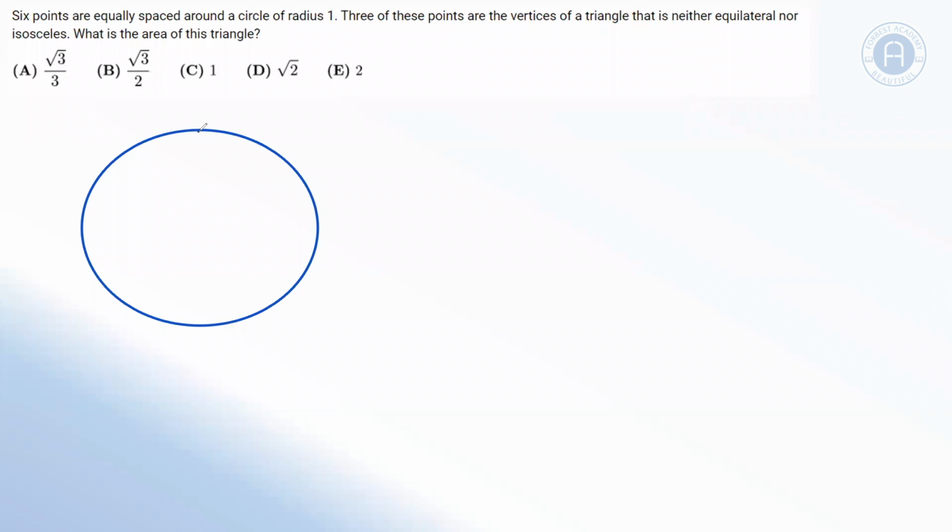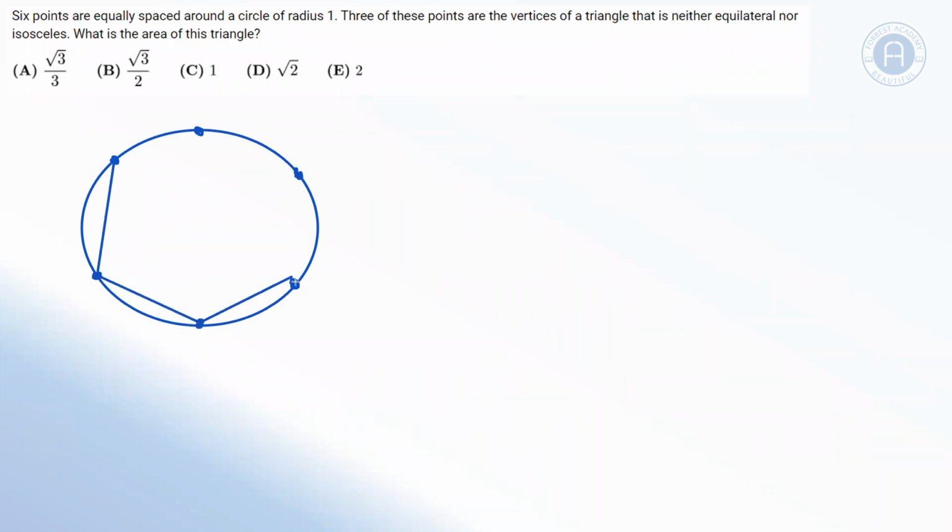So we've got a circle and we've got 6 points equally spaced around this circle. So this is going to look roughly like this, and we should be able to spot, although I've not drawn this fantastically well, that actually what we've created here is a little bit of a hexagon.